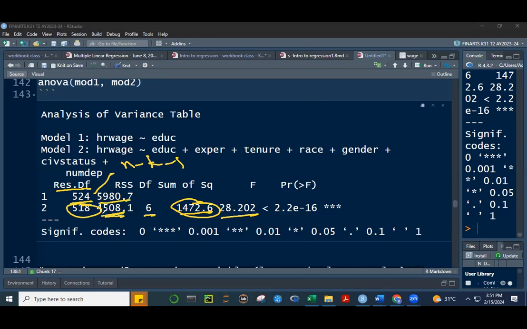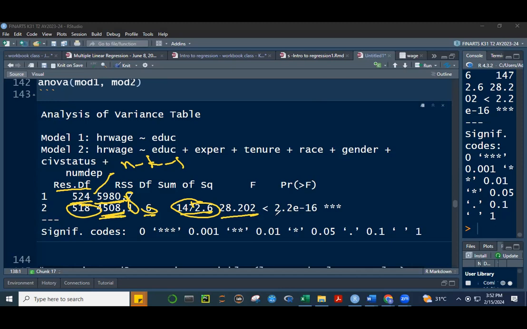The difference between this one and this one is this one. The difference between the degrees of freedom is 7 minus 1, which is 6. And this minus this is the difference.